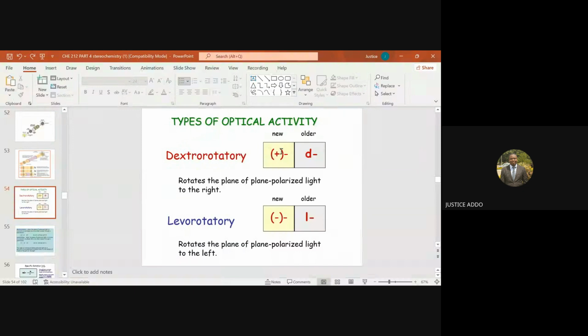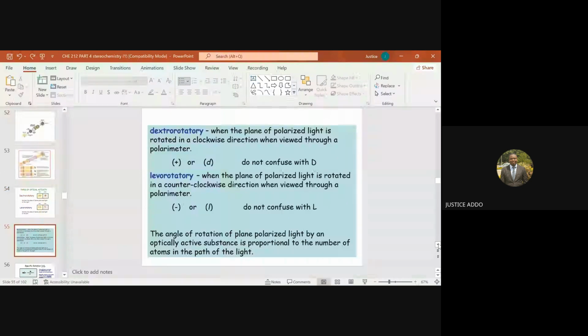And wherever you see the plus, it is the same as the D. The D, dextrorotatory, is the old form of naming it, and the new one is the use of the plus or the R. Then when it is counterclockwise, the older form is L, that's levorotatory, and the new form is the use of the minus or the S. So just be very conversant with this, and then you are okay.